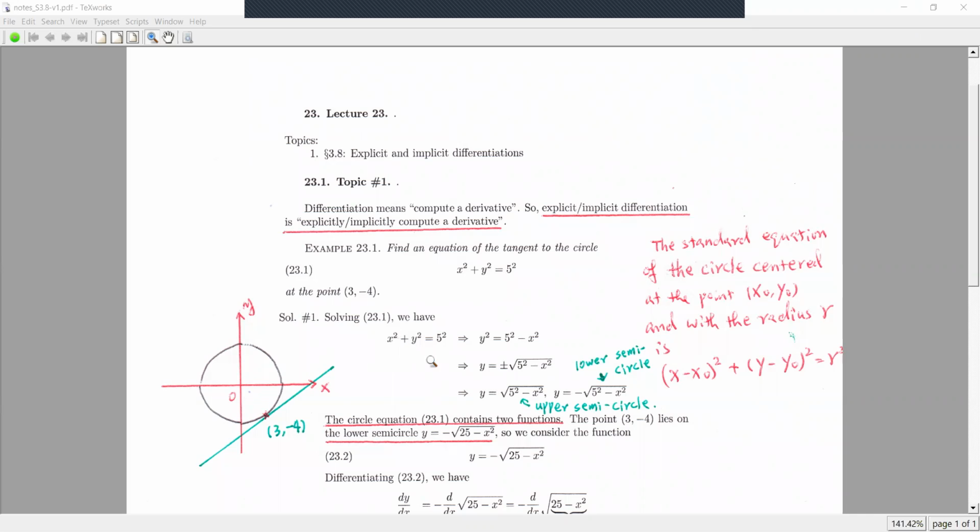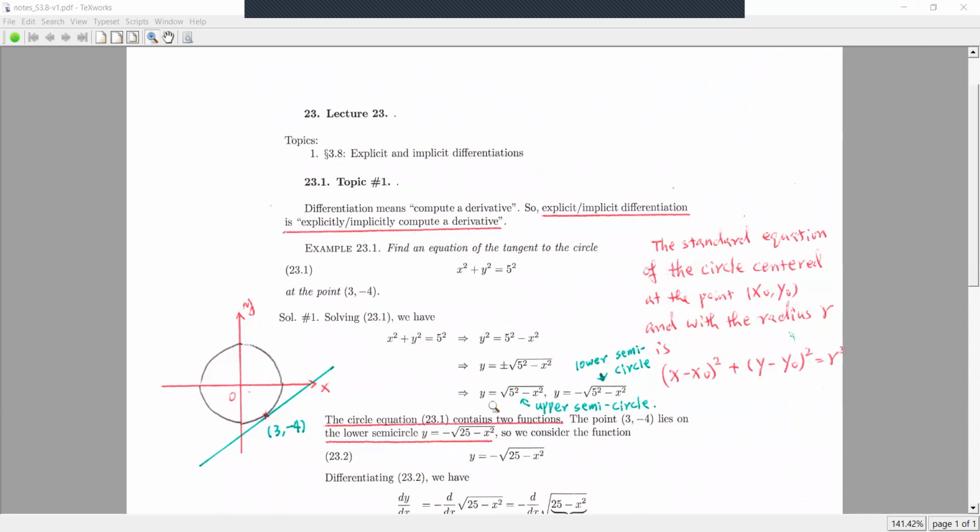Move x squared to the right side, then we have this equation. Take square root on both sides, then we have this equation. When we take square root, don't forget the plus and the minus sign in the front.